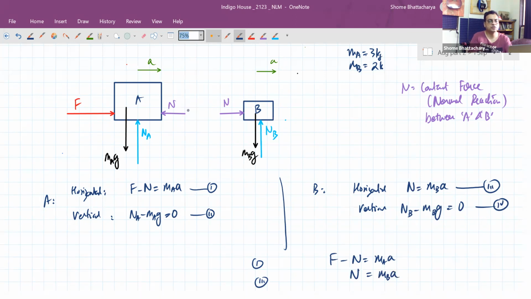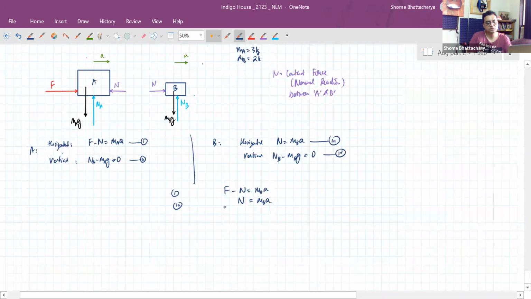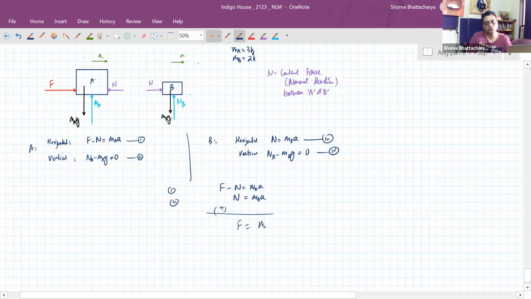So we can solve these equations by just, for example, adding them. We'll get F is equal to this. So the acceleration is this much. The force we had applied was 10 newtons.